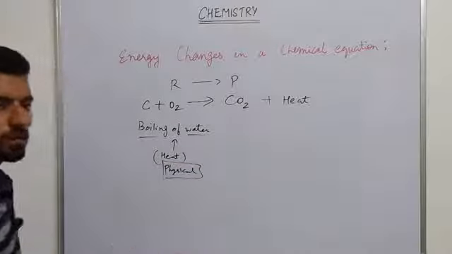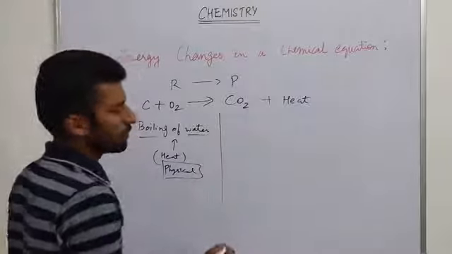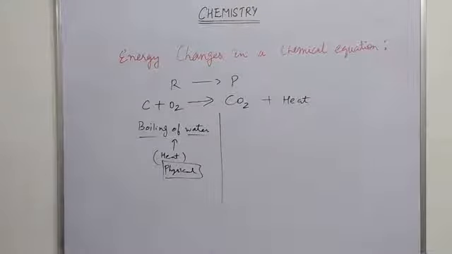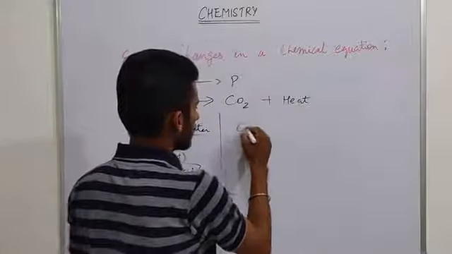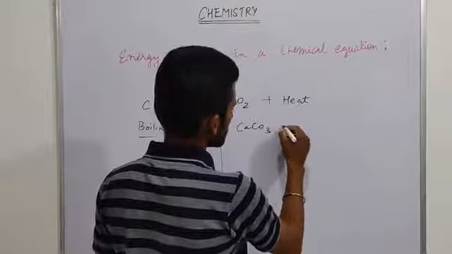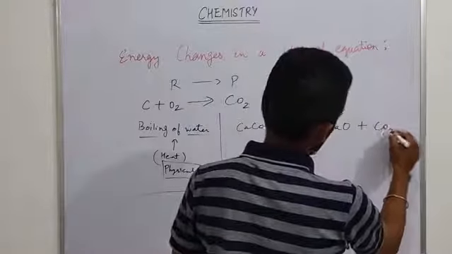Many other chemical processes are also there which need to be supplied with heat or with energy for their continuation, like when calcium carbonate is heated, it forms calcium oxide along with carbon dioxide.